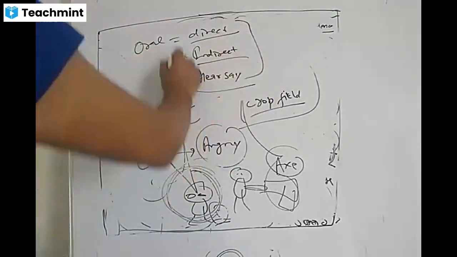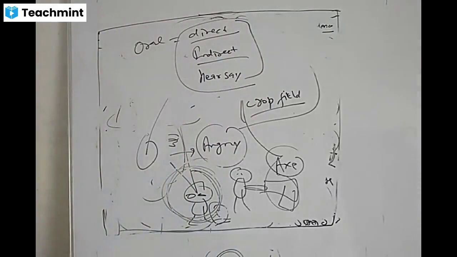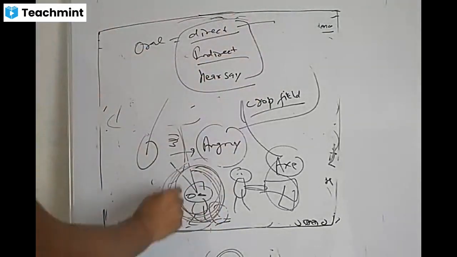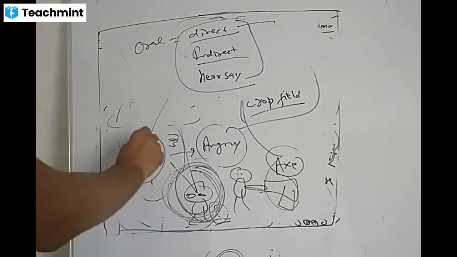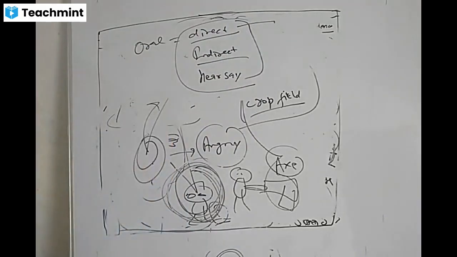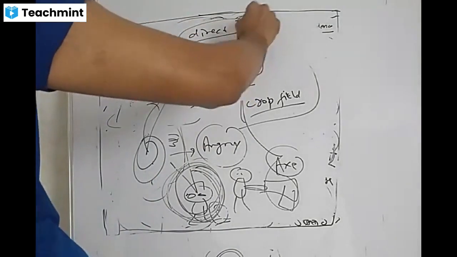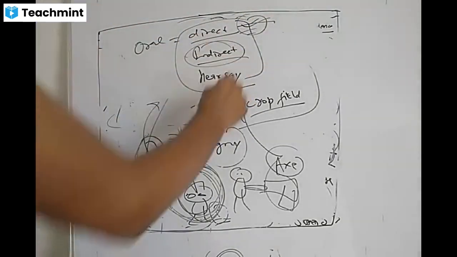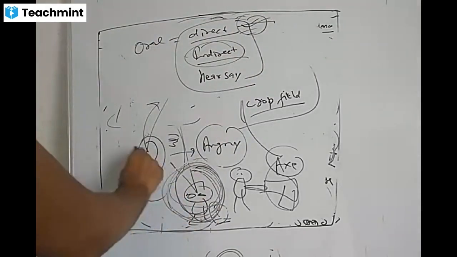So these are the three types of evidences. Where person C actually saw person B cutting the tendon of the cattle, he will tell in front of the court that it was the case. In case of indirect, the person did not actually see the case.